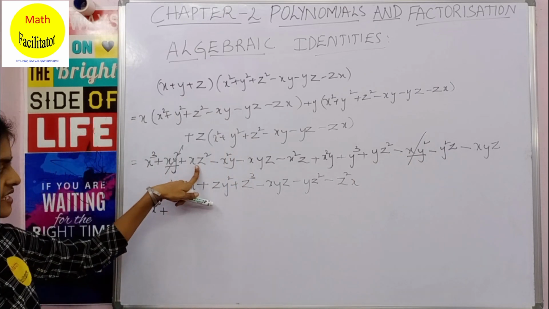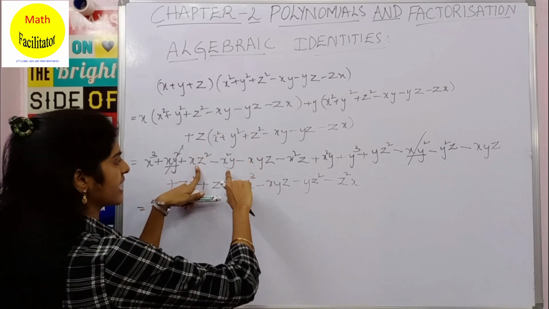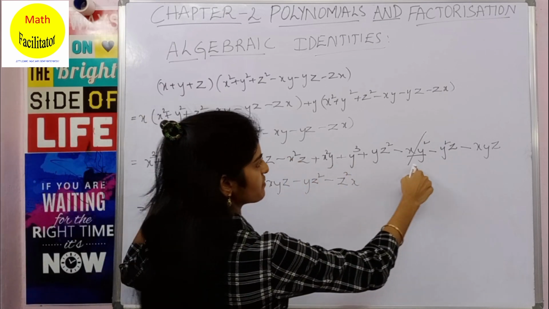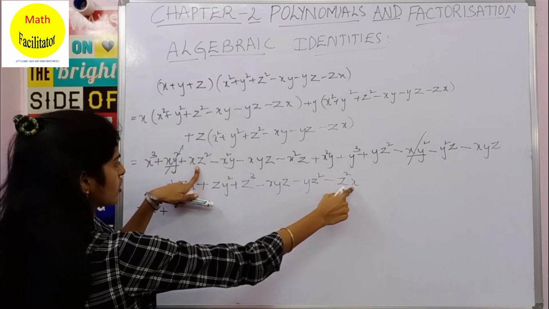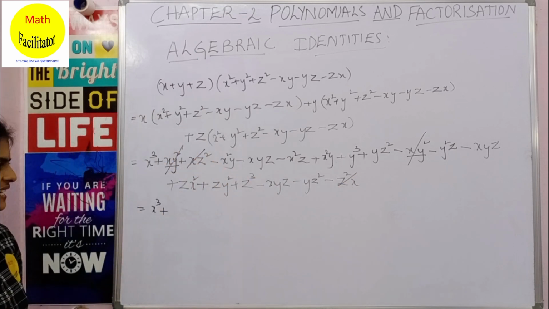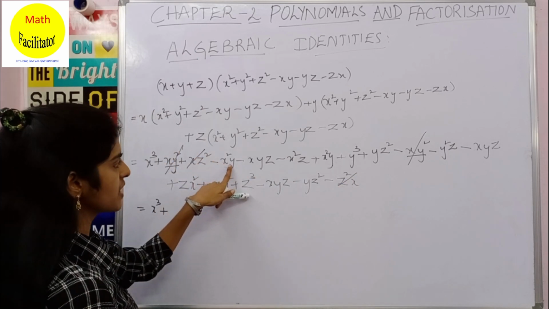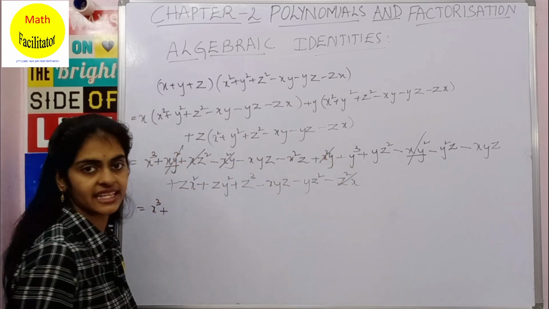Now moving on to the next term, you have xz square. So check if there is any xz square again. So here you have xz square. Okay, z square x or xz square is the same, so it is minus xz square and this is plus, so they get cancelled. Now you have minus x square y. Again check, here you have minus x square y, here you have plus x square y, they get cancelled.